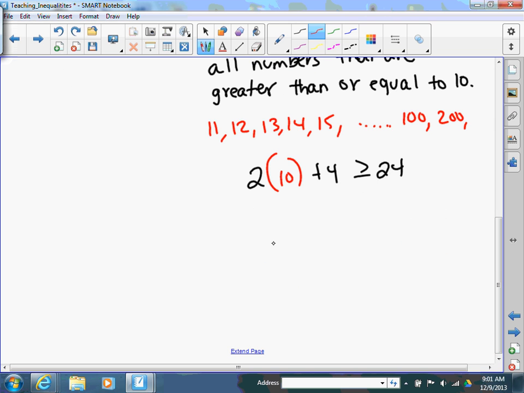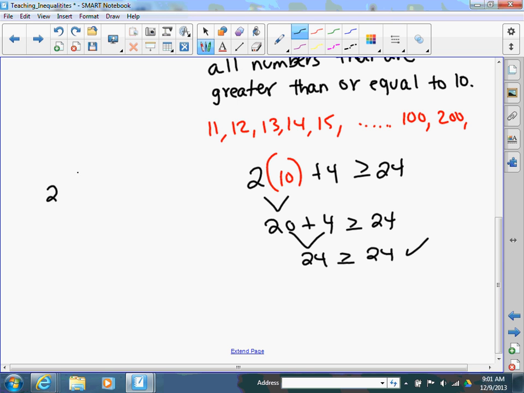All right, so what's 2 times 10? Plus 4 is greater than or equal to 24. What's 20 plus 4? 24. Is 24 greater than or equal to 24? Yes. Which one is it? Yep, so it works. Let's try 11. 2 times 11 plus 4 is greater than or equal to 24.